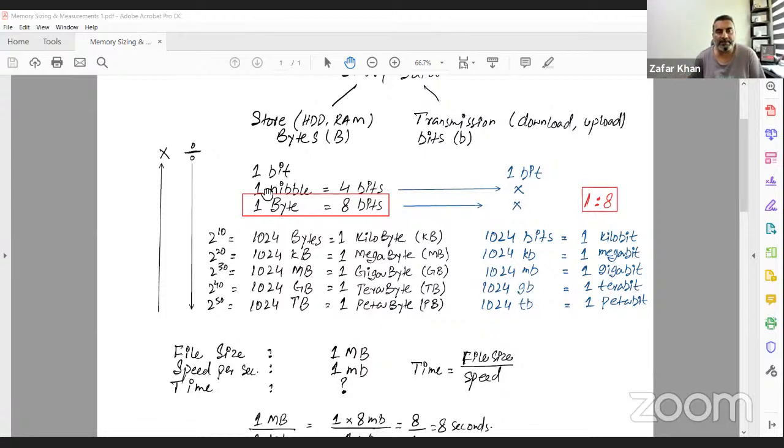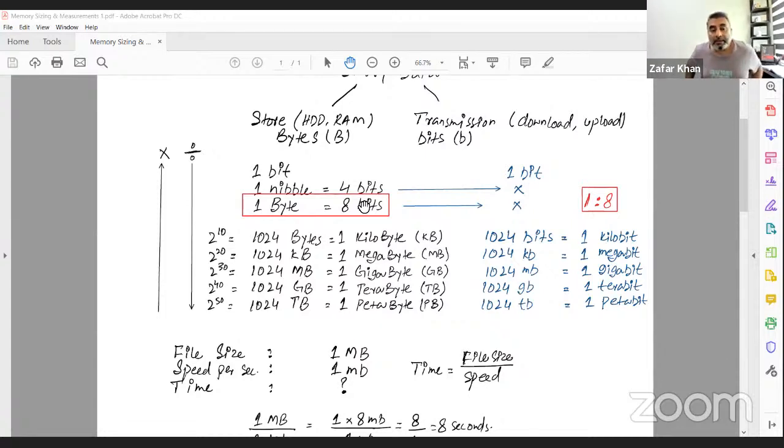It is not part of the syllabus, but sometimes in the past papers, it was referred to as a nibble. So 4 bits is equal to 1 nibble. And similarly, 8 bits combined form 1 byte. This is something in particular which you have to keep in mind, and it is rather important.